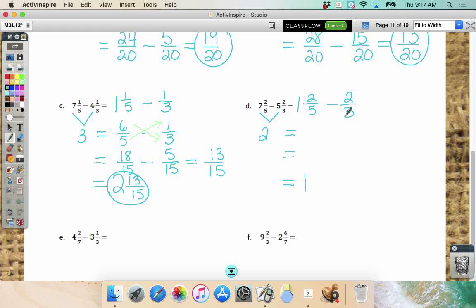So changing 1 and 2/5 to an improper fraction. 1 times 5 plus 2. So 7/5 minus 2/3. Option 1 again, right? Yeah.